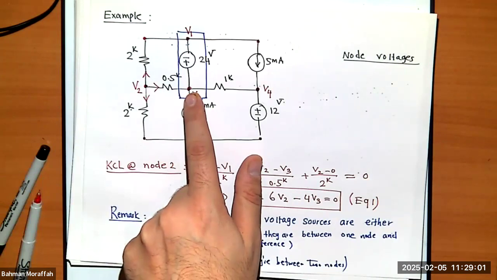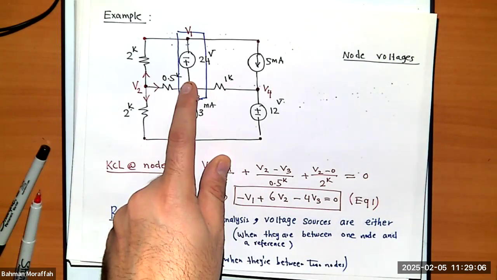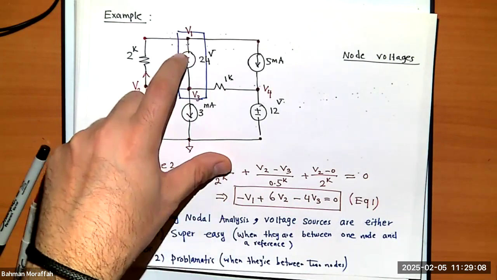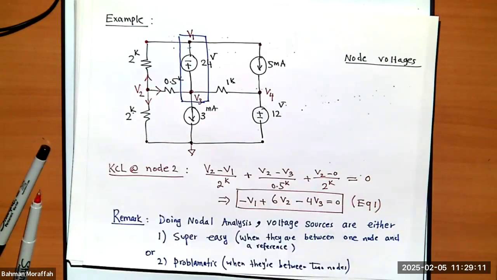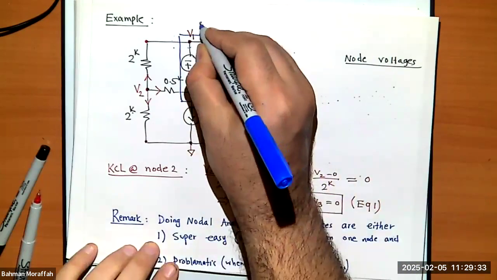If I write a KCL for this node, it's going to be this current, and this one that's going into it. So for this one, it's going out. For this one, it's going in. If I add up these two KCLs, I end up with one KCL. But since one I is going out and the other one is going in, one of them has positive sign, the other one has negative sign, they cancel out. Right? So instead of looking at two nodes, I'm going to combine them. And I'm going to name this guy a supernode.